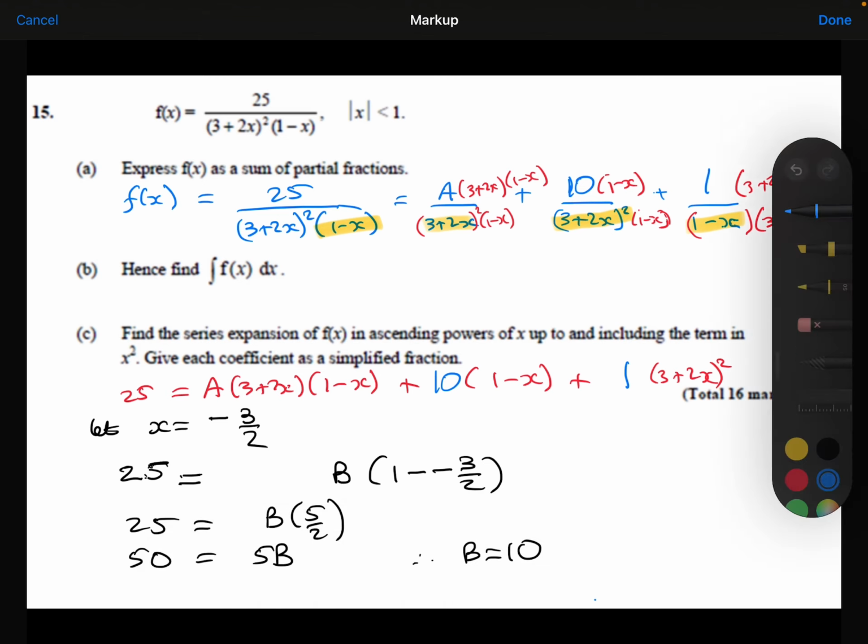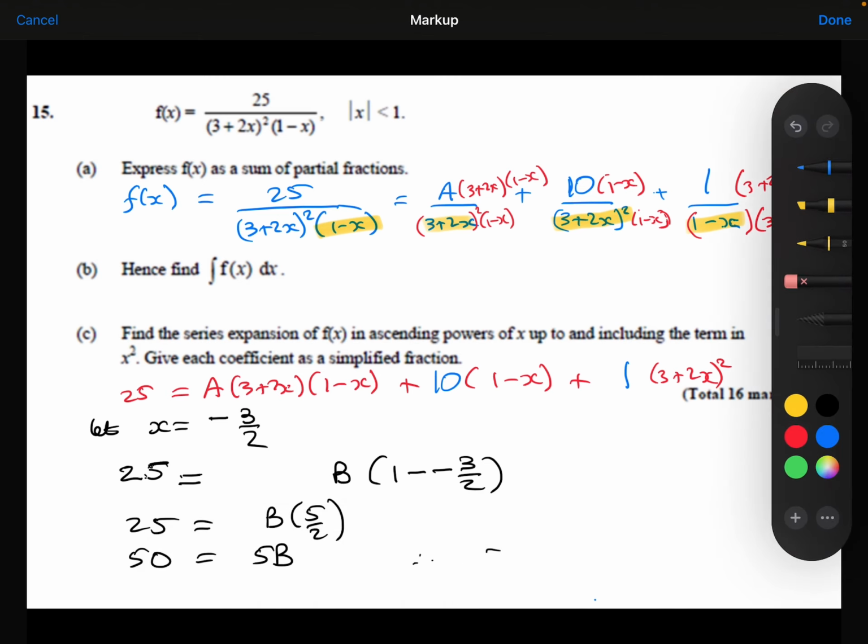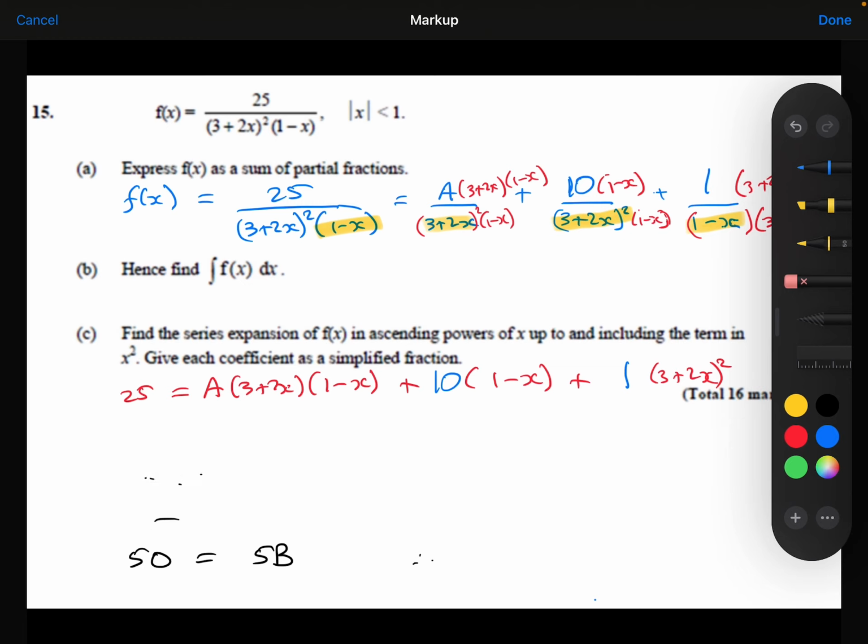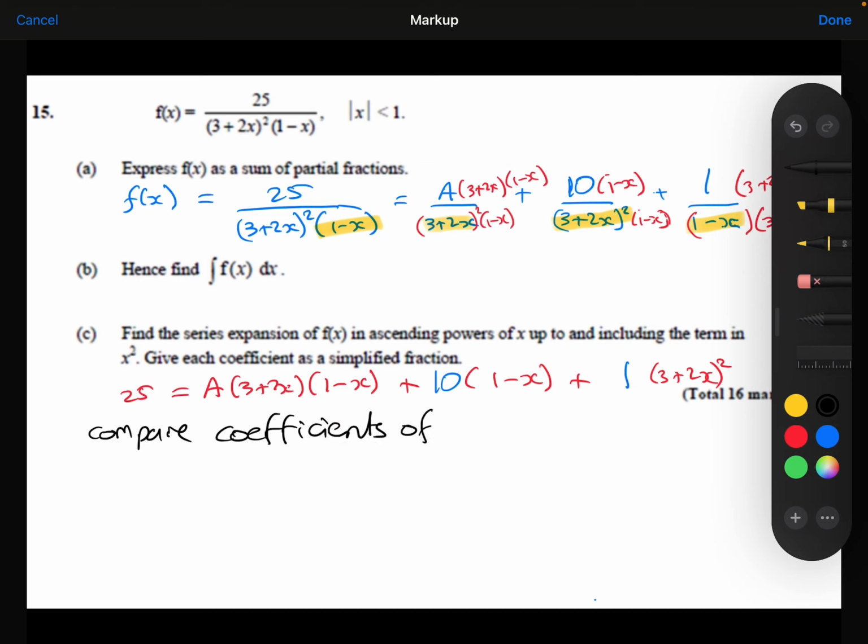Finally, let's work out the a constant. Now, there's no substitution I can do for this. So let's compare coefficients of x squared. On the left-hand side, we've just got 25.